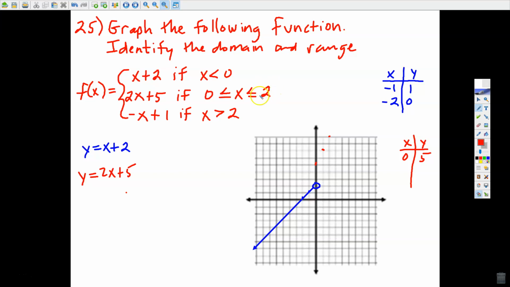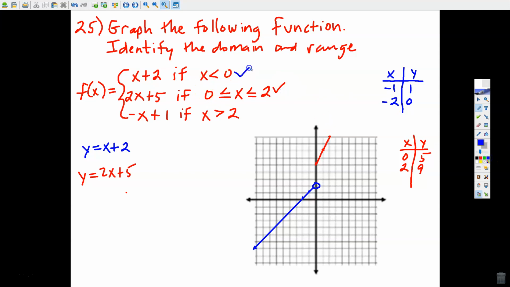If I do input 2, I get output 9. 2 times 2 is 4, plus 5 is 9. And that should be that point. 1, 2, 3, 4, 5, 6, 7, 8, 9. And so all I have to do really is show that little segment and that takes care of this one.